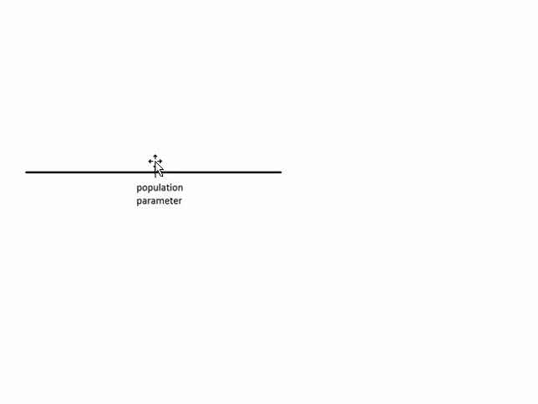It's going to be more likely to fall somewhere around the population parameter, and less likely to fall way down here or way out here, because random samples are usually fairly accurate and they're extreme less often. They can turn out to be extreme, but it doesn't happen very often.